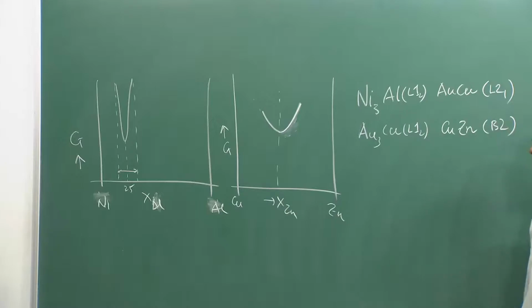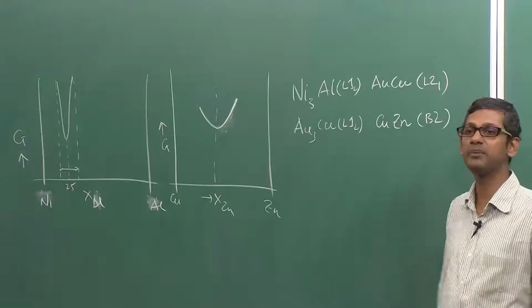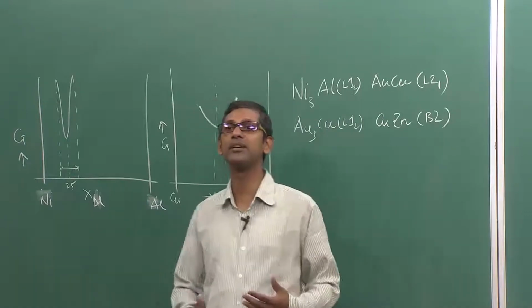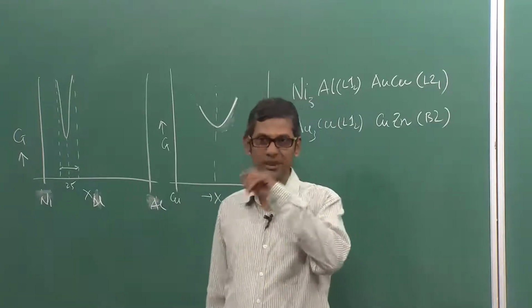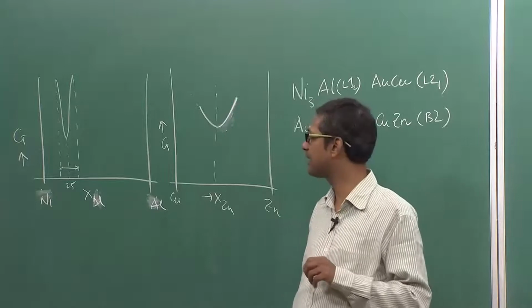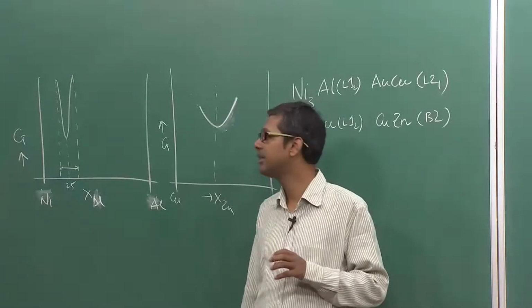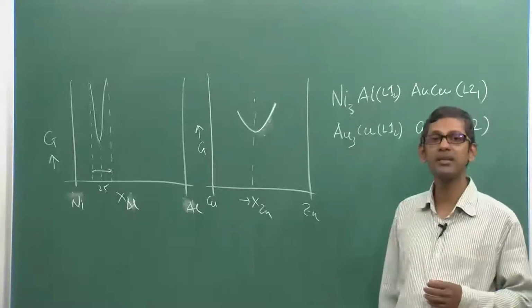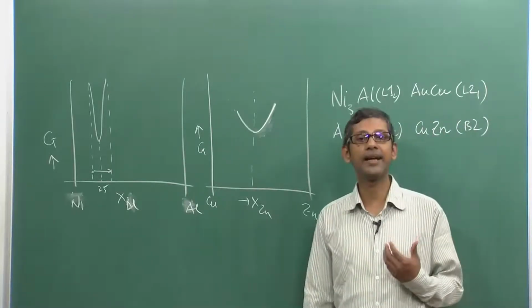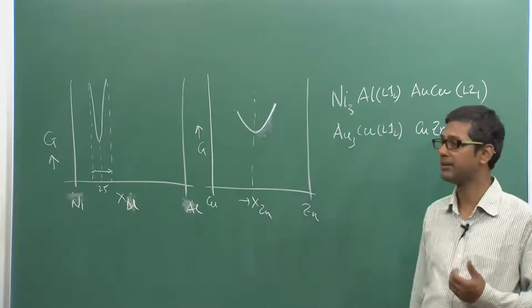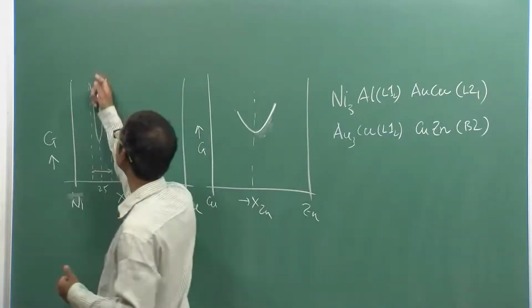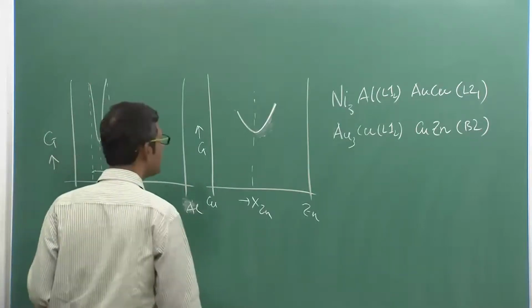Because atoms are in specific lattice sites, the configurational entropy is low. And what is important is the delta H, because delta H is very high here. Why? Because compound formation leads to a lot of energy release, and that is why the delta H is high, but delta S, the entropy change, is not very high. So, because of that, in many cases they will sit much below the solution lines.